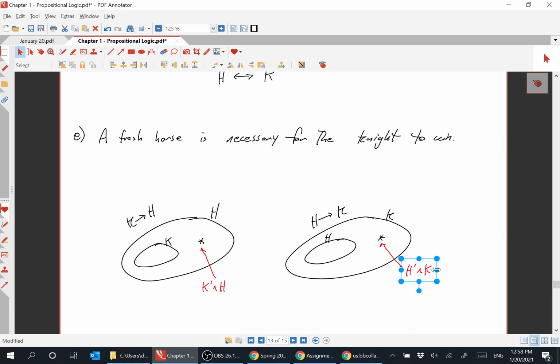Here the horse is tired, and the knight won anyway. So that contradicts this. So this is K implies H. So one way you might want to think about this is that the necessary condition is the conclusion. It's the bigger set in the containment relationship.